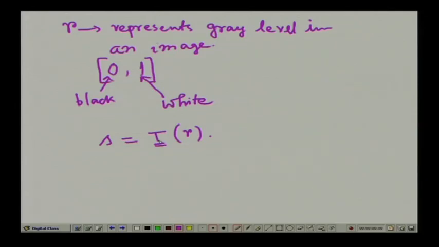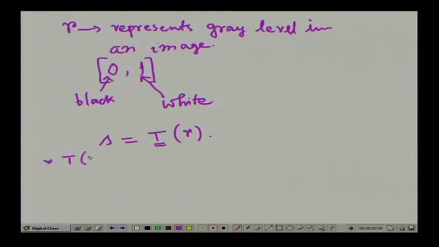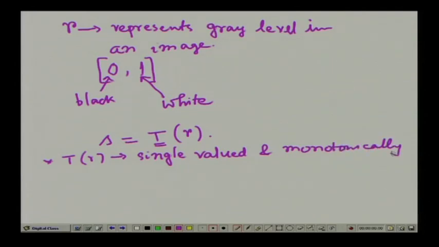Firstly, T(R) has to be single valued and monotonically increasing in the range 0 less than or equal to R less than or equal to 1.